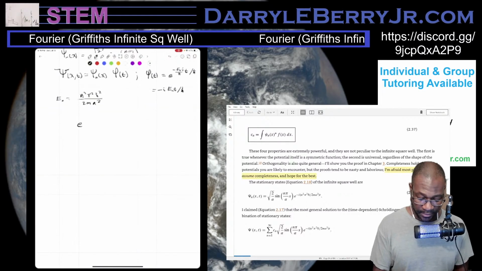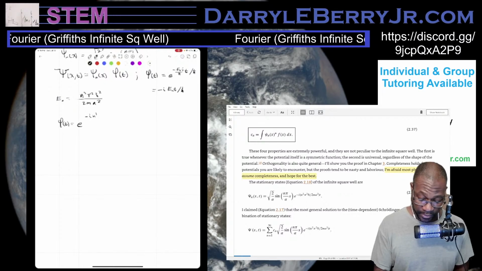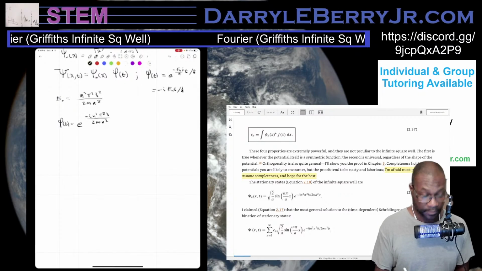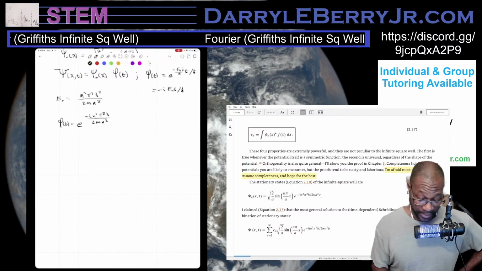When we plug this in, it equals negative i n squared pi squared h bar over 2m a squared. And that's what they have there.